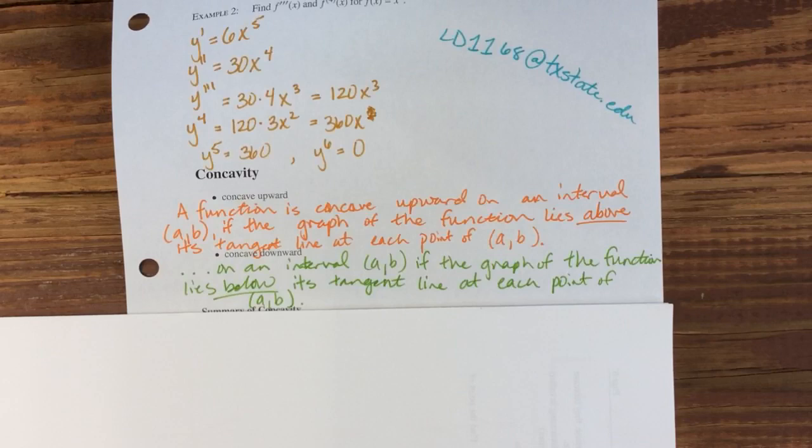So, what do you think the definition of concave down is? Yep, same thing, but just below. So on an interval a to b, if the graph of the function lies below its tangent line at each point of a to b, then we've got concave down.